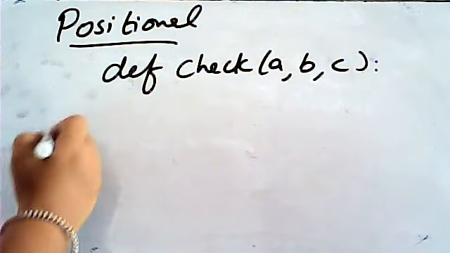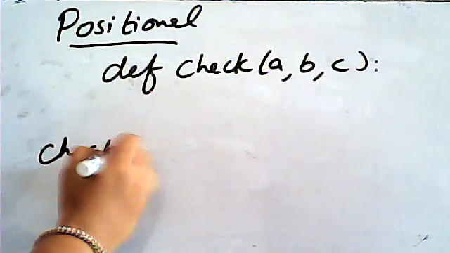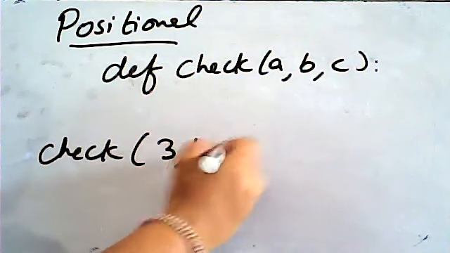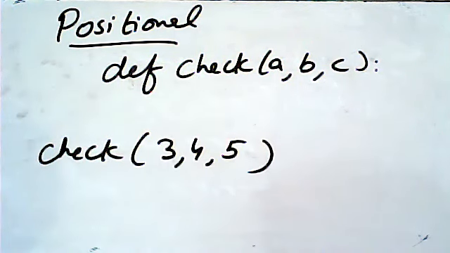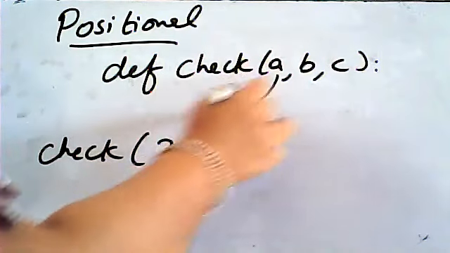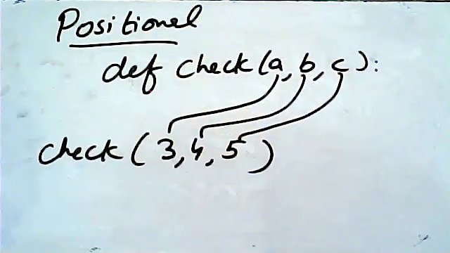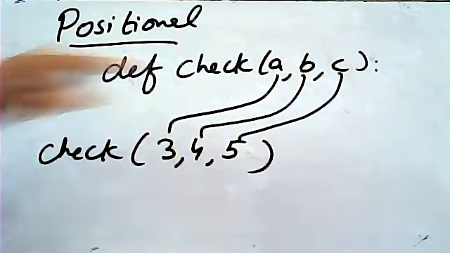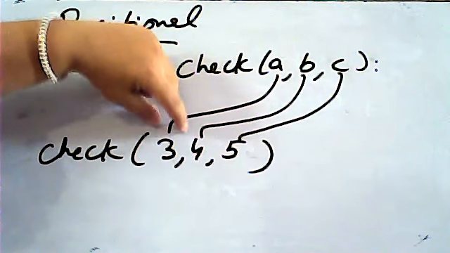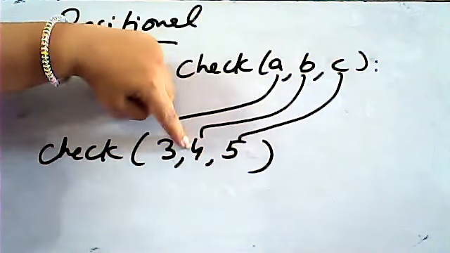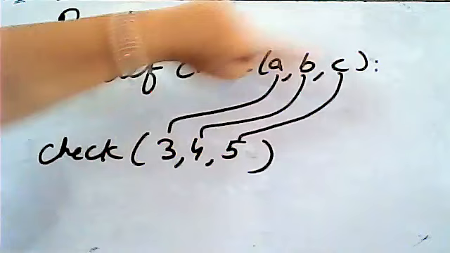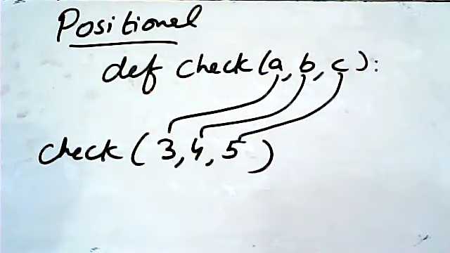So when I call this function, whatever value I write here moves to the first position, then the second, and then the third. Positional means whatever the first value is moves to the first position, the second value moves to the second position, and the third value moves to the third position. This is known as a positional argument.